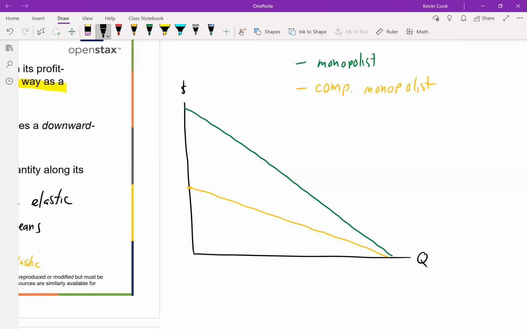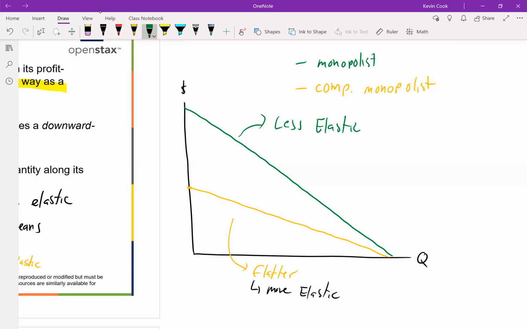Since it is flatter, it is going to be more elastic, whereas our green curve is less elastic. That's the key distinction between the monopolistic competitor and the monopolist.